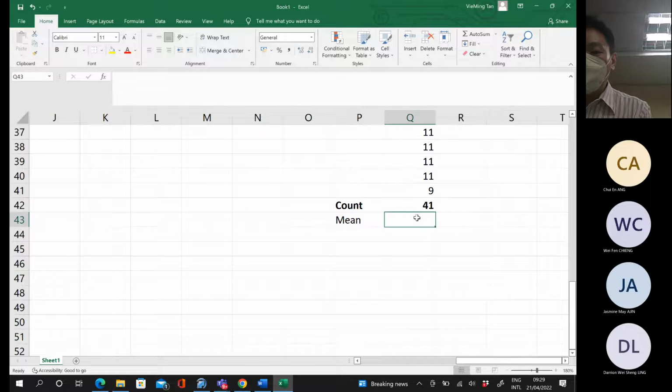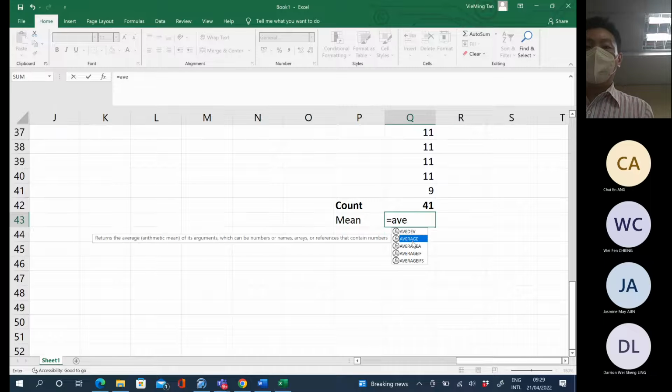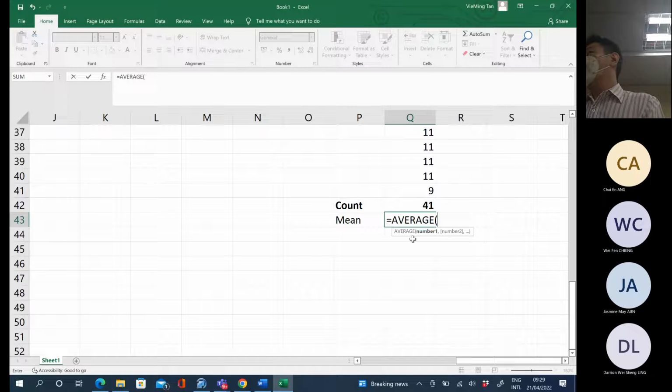So how is the formula we can use in Excel? Equal AVERAGE, this one. If you want this function, then you can double click using the left mouse. Then you should be able to find the equation now.